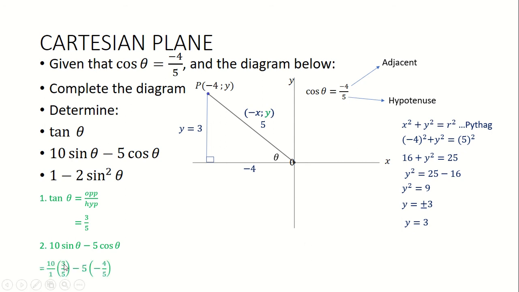Now simplifying this, you'll realize that 5 goes into 10 twice, 2 times 3. That's why I'm left with 2 times 3 over there. 5 goes into 5 once, and I'm left with that 4 over there.